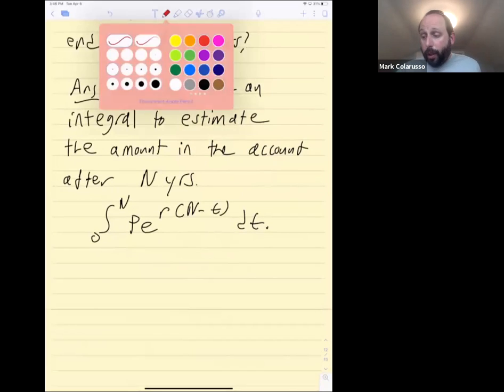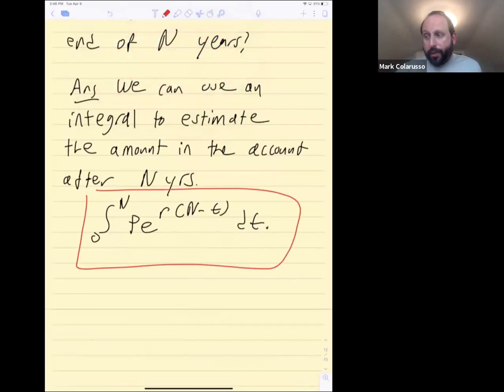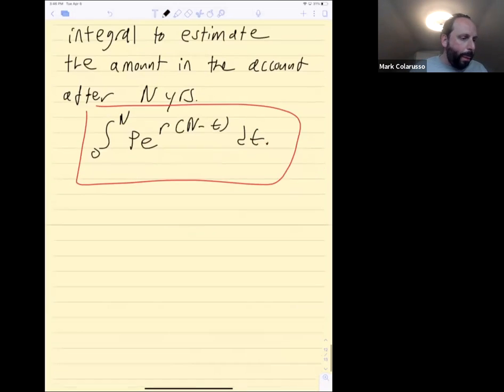These are subtle things, and I'd be happy to address them more in the live meeting. But that's how we deal with this kind of situation, and in some ways it's a more practical situation for people than investing all the money up front. But you'd have to compare what you get.